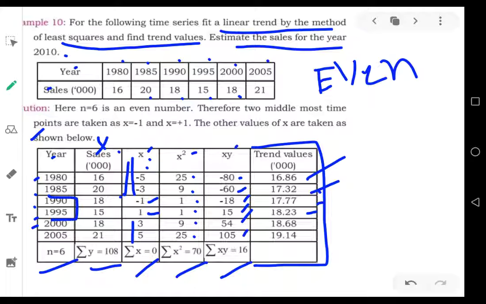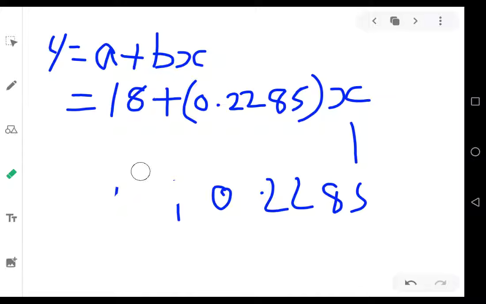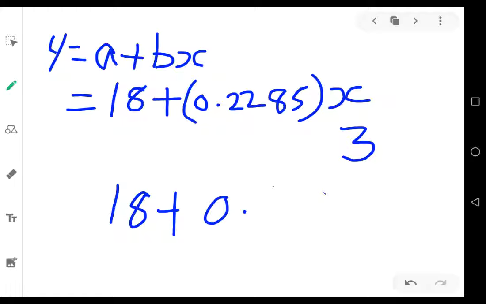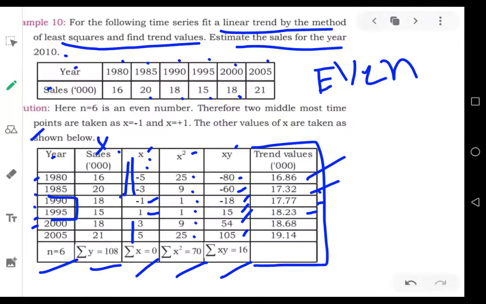Then for the year 2000, x value is 3. Taking the x value as 3, 0.2285 into 3 multiplied gives 0.6855, so 18 plus 0.6855 should be 18.69 as your answer.